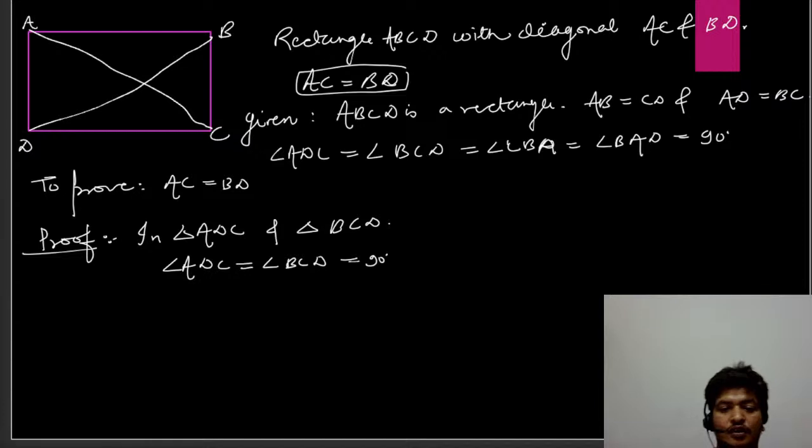Done. Again we can say कि AD और BC equal होगा. So here you will write AD and BC are equal. By which property, we can say that property of rectangle.